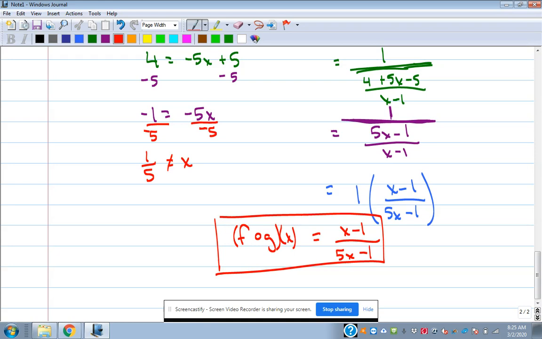Because if you just do the composite function, you may have some of the restrictions, but you may not have all of them. Sometimes you do have all of them, but we know that if we're finding the domain of this, then we set the denominator equal to 0, and we find that x can't be 1/5. We had that in our domain, but we missed the part about the 1 not being part of that. So that restriction doesn't show up in the composite function.